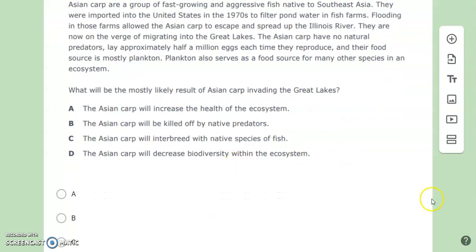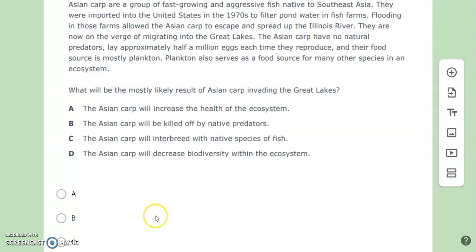Okay. Asian carp are invading the Great Lakes, or they're not yet, but they could be. So, what are Asian carp? Well, Asian carp are a group of fast and aggressive fish that are native to Asia. However, they've been brought here, and the Great Lakes are in danger of being invaded by them.